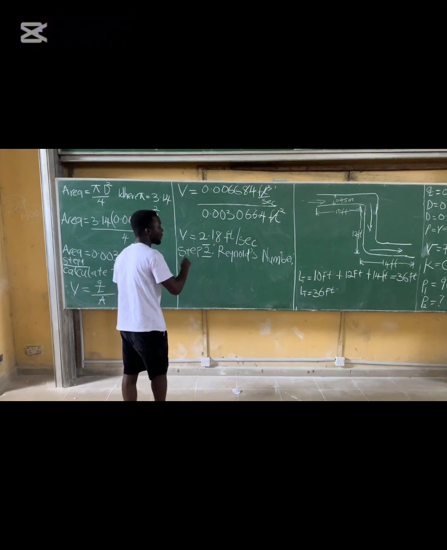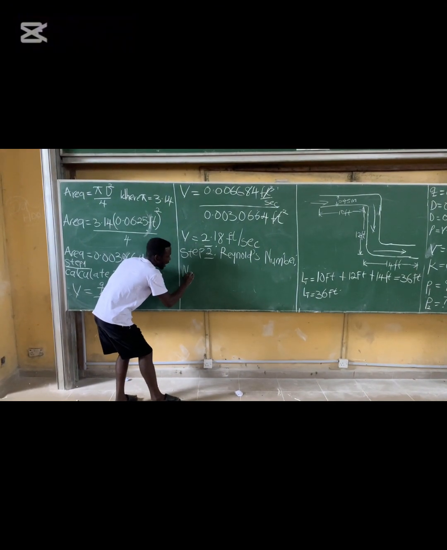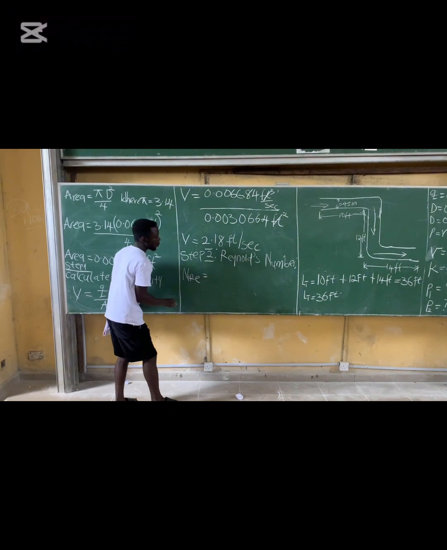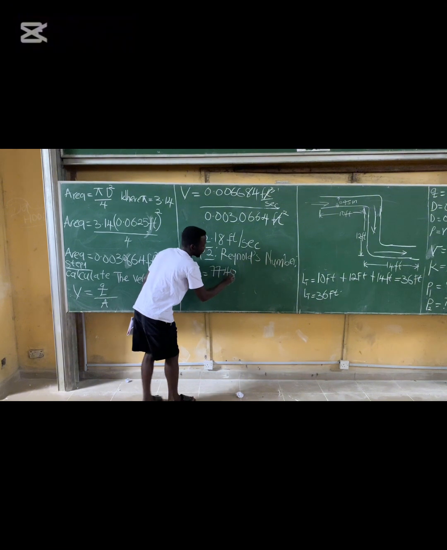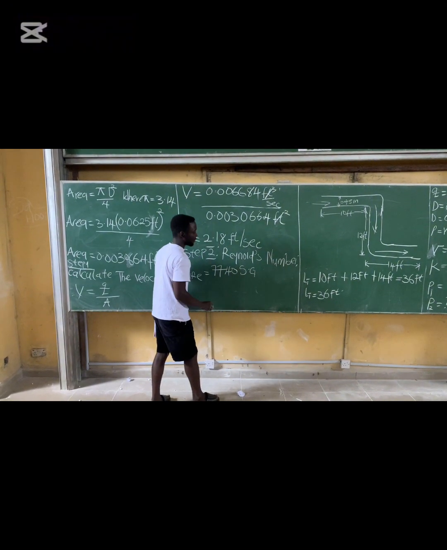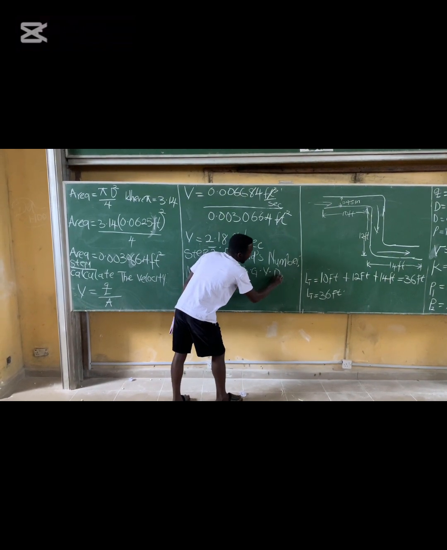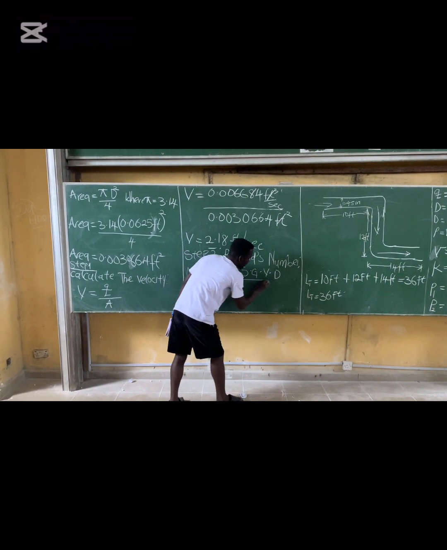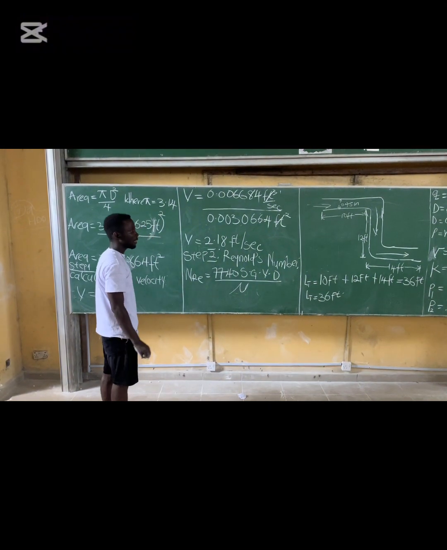So therefore, since diameter is in inch, our Reynolds number formula becomes NRe is equal to 7747 multiplied by the specific gravity multiplied by V multiplied by D, all divided by the viscosity of the fluid.